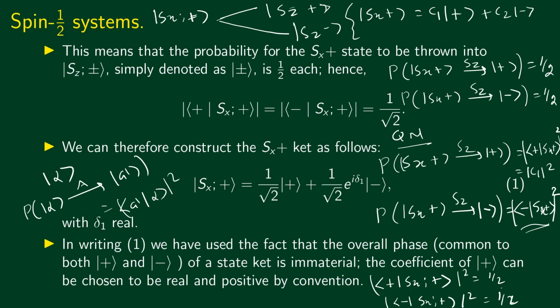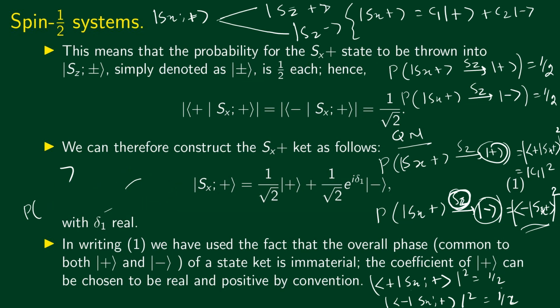That's exactly what I have done here. Instead of this observable A, I have here the Sz operator. This means that the observable here is the z component of spin. So what I'm measuring here is the z component of spin. And instead of ket a prime, I have ket plus and ket minus here. So this is the rule that we are using. I hope this part is clear.